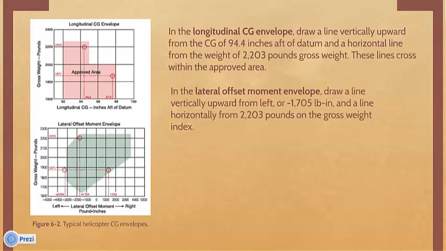In the lateral offset moment envelope, draw a line vertically upward from left or negative 1,705 pound-inches and a line horizontally from 2,203 pounds on the gross weight index. This line crosses within the envelope, showing the lateral balance is also within limits.